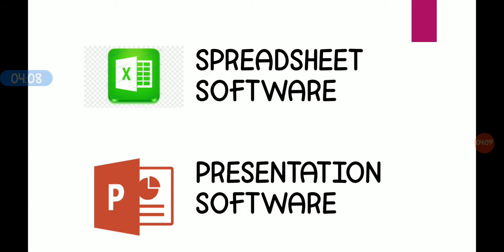Now let's go to the next one, presentation software. Presentation software is used as an ICT tool to make the presentation more interesting by adding pictures, sounds, videos and animation. A teacher can make a presentation on any topic and teach in the classroom.